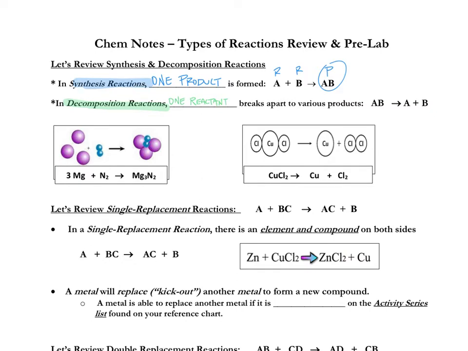When you look at it, you've got one reactant and two products. So reactant AB broke apart into A and B, separated by a plus sign, so it's telling you that there are two separate substances. Here they are combined as one. Here they have decomposed, they have broken apart into two new ones.